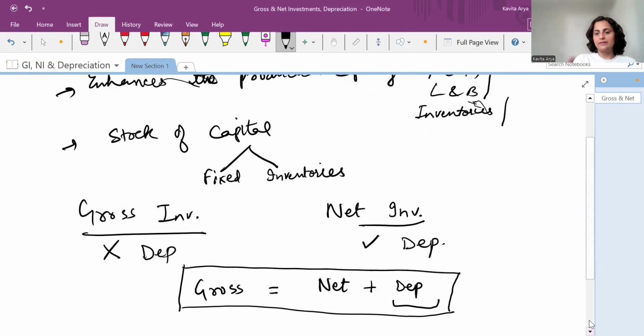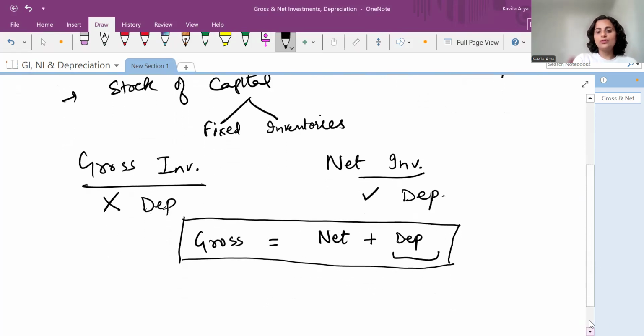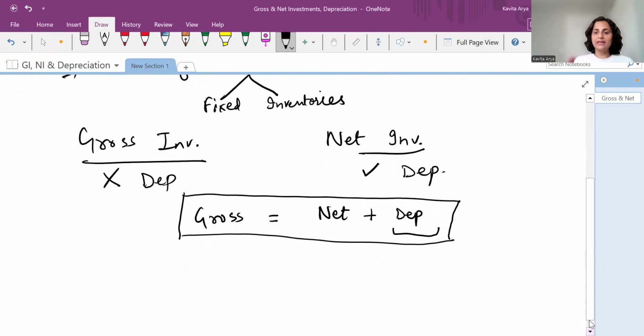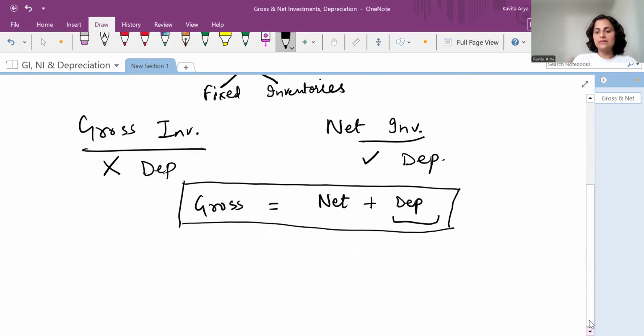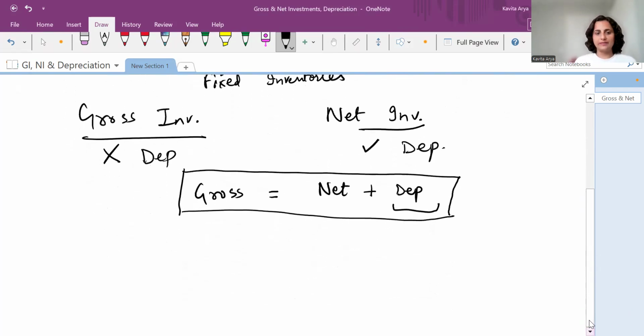Gross and net. So when we're talking about depreciation, what actually is depreciation? Depreciation is the fall in the value of an asset. Why would the value of an asset fall? It happens on account of 2, 3 factors.